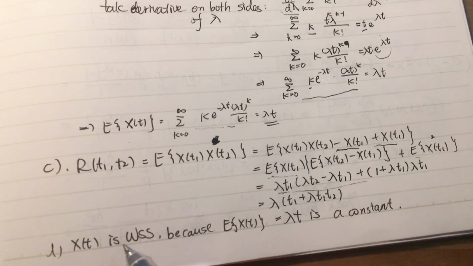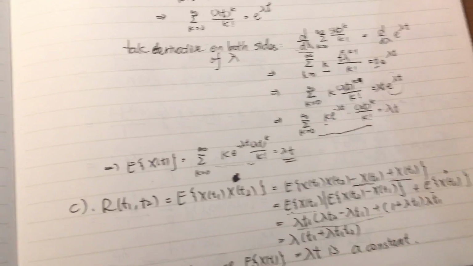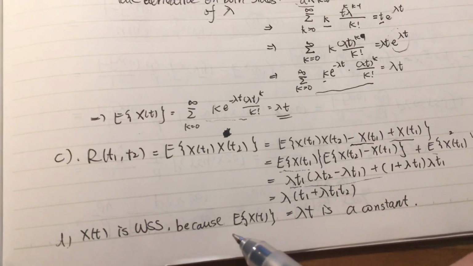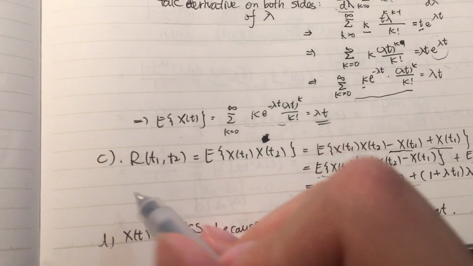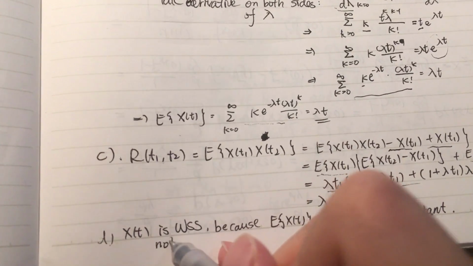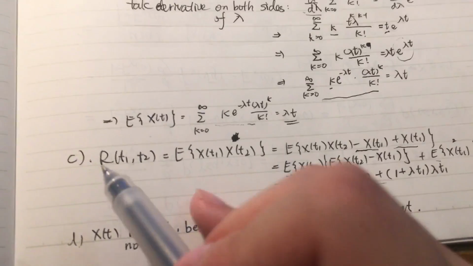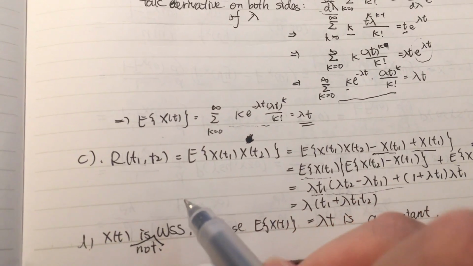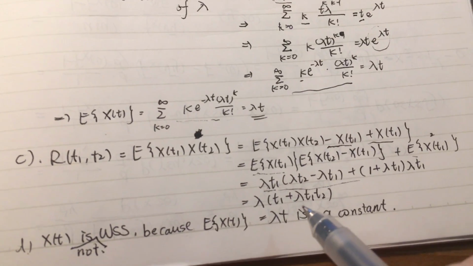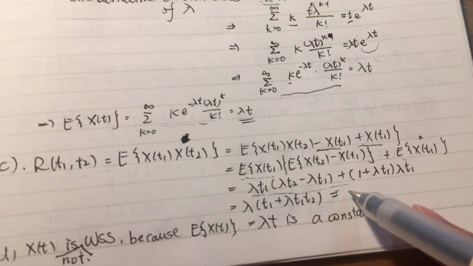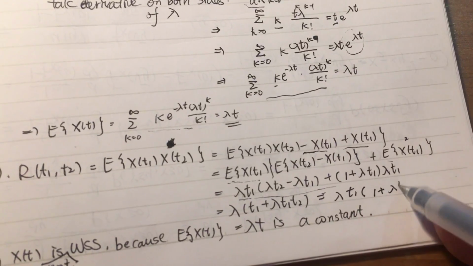And the fourth problem asks us if X(t) is WSS, and we know that X(t) is not WSS, because E[X(t)] is equal to lambda t, which is a constant, but the value of R(t1, t2) is not a single function which depends only on the difference of t1 and t2, because this can be written as lambda t1 times (1 plus lambda t2).